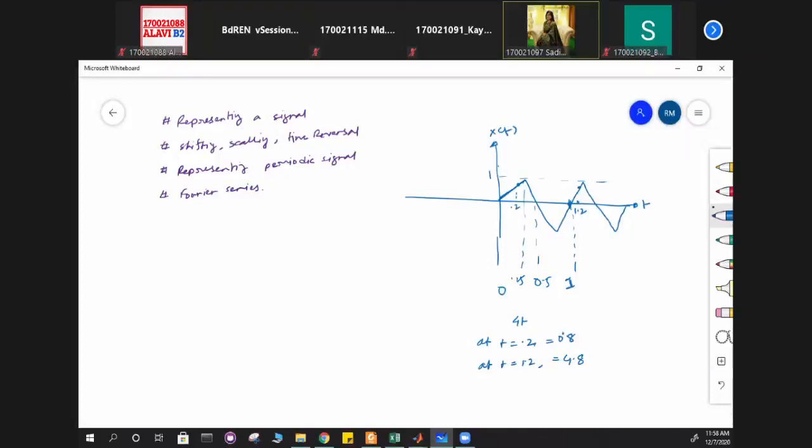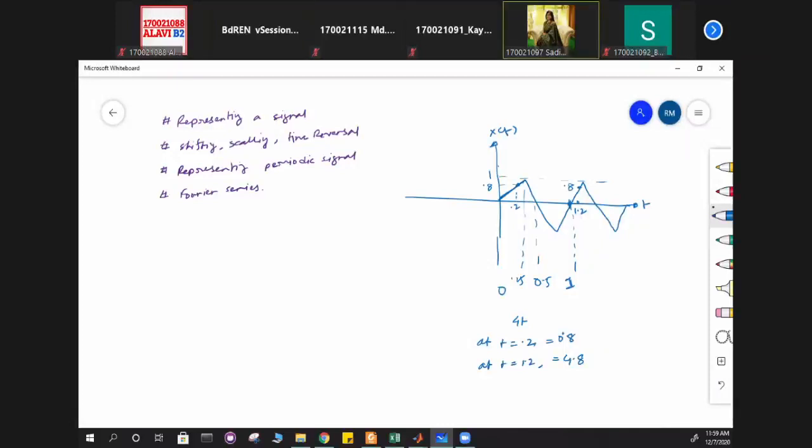No, I'm asking about the value that you are getting at 0.2. Should it be the same or different at 1.2? No, sir, it should be the same. It should be the same, isn't it? So if it is 0.8 at 0.2, at 1.2 it should be 0.8, isn't it? Yes, sir.